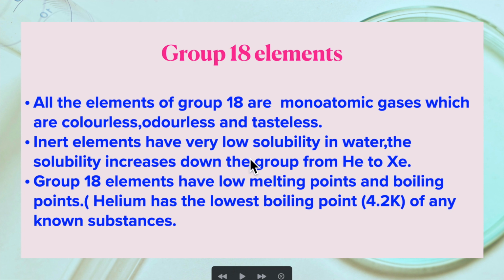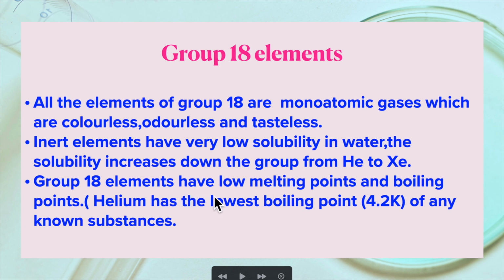These gases are sparingly soluble in water, and the solubility increases down the group from He to Xe. Group 18 elements have low melting points and boiling points. Why?